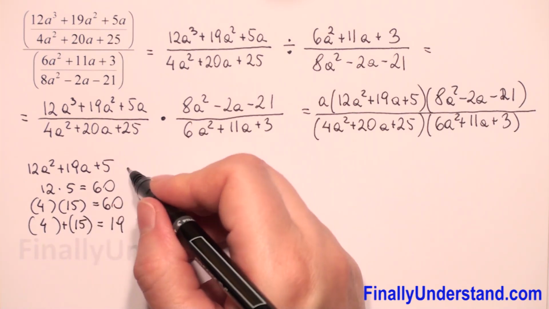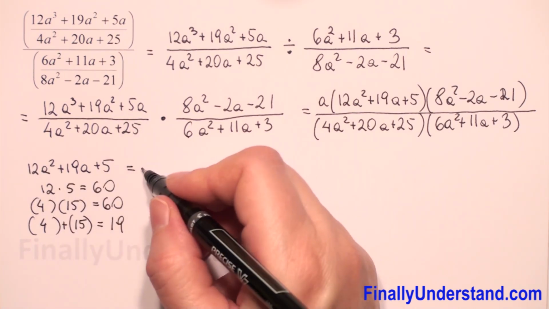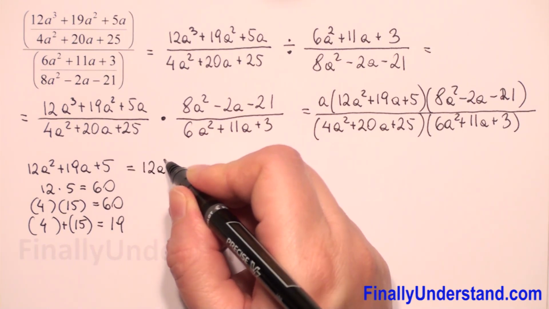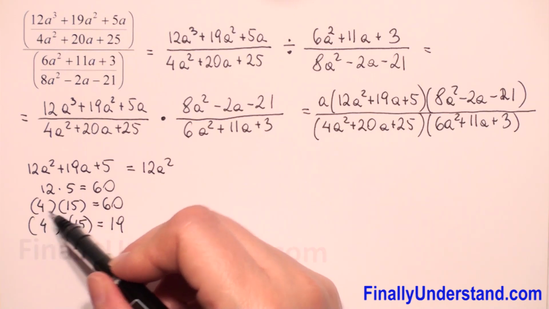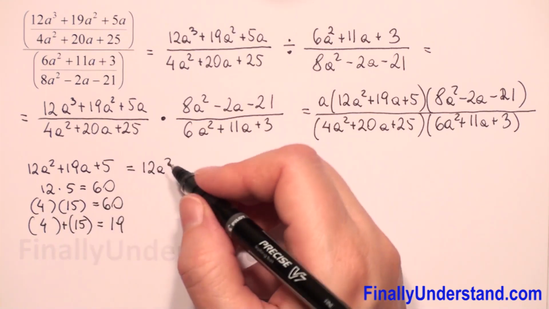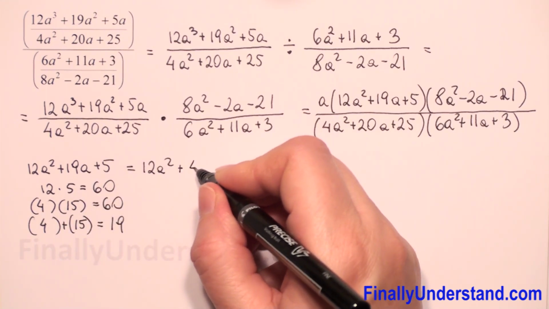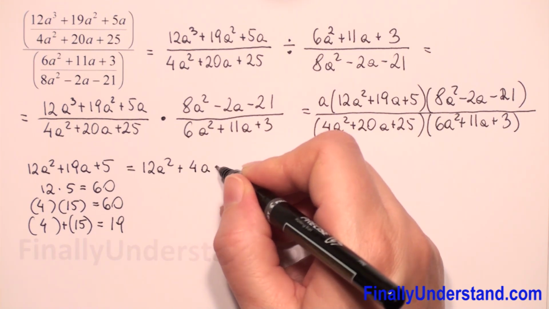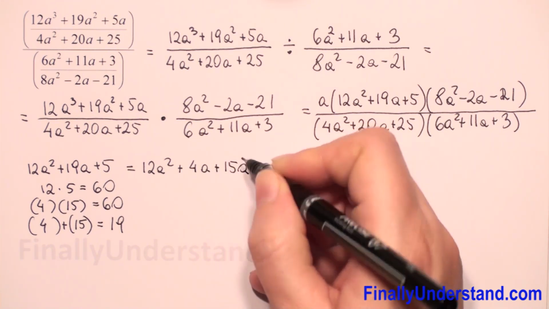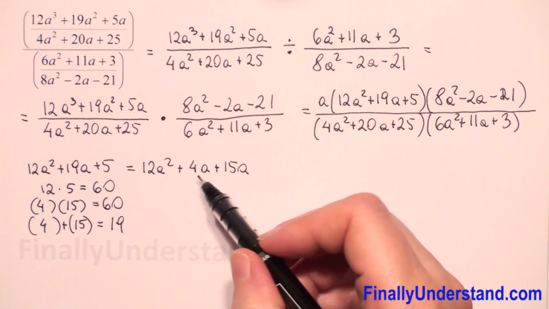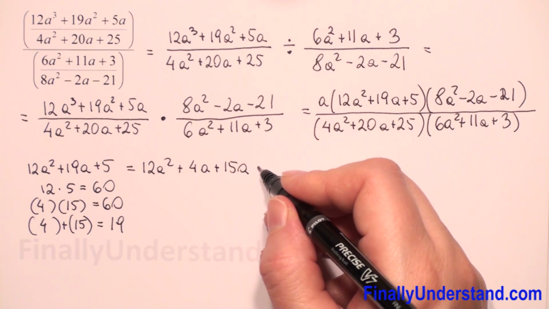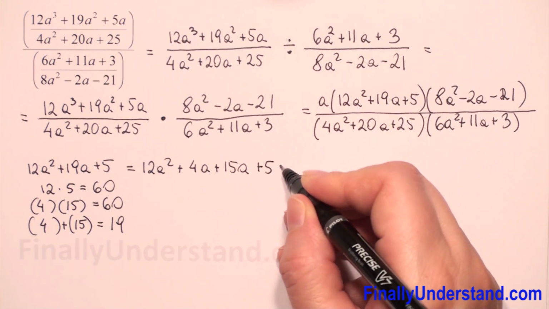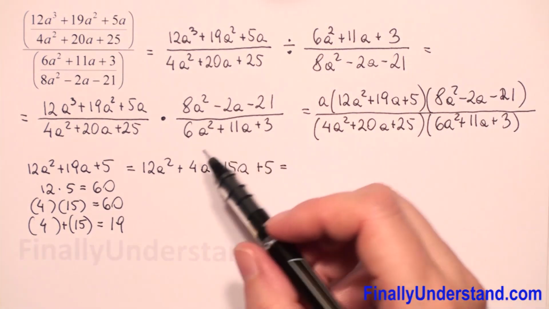So now I have to copy the first expression, and 19a I will rewrite using these two numbers which I got, so it will be plus 4a plus 15a. It doesn't matter if you put 15 or 4 first, you will still get the same at the end, plus the constant. So this is equal.